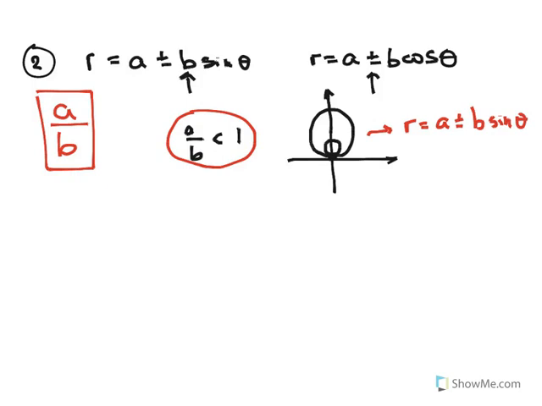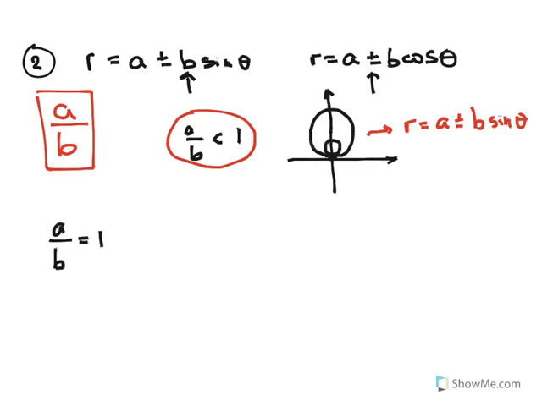Now, let's say we have the ratio, A over B, equals 1. So that means A and B are the same. For instance, R equals 2 plus 2 sine of theta.